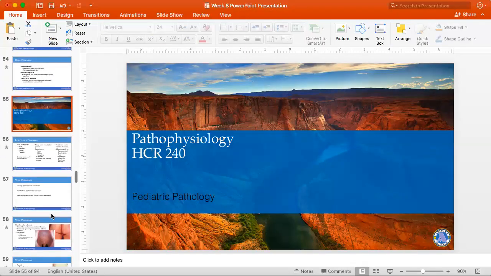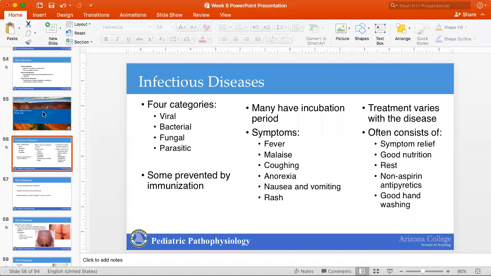Okay, next we're going to go a little bit further into pediatric pathology. Infectious diseases are going to fall into these 4 major categories: viral, bacterial, fungal, or parasitic. Symptoms can be wide-ranging, but these are some common symptoms. And then treatment, obviously it varies according to the disease.